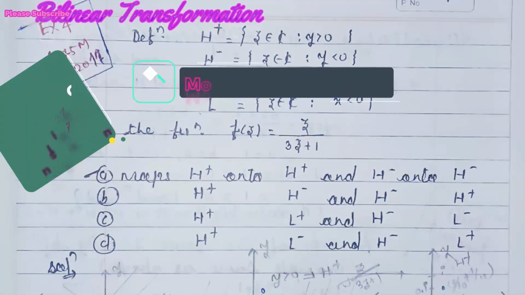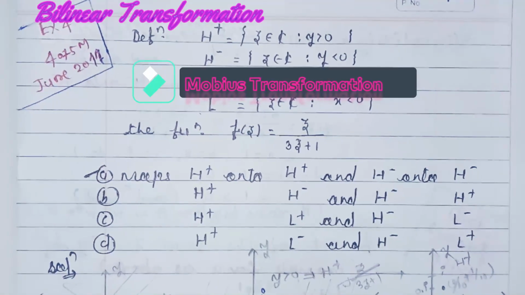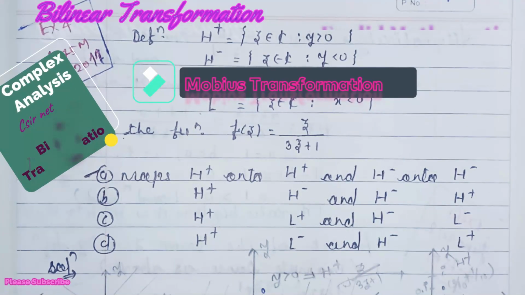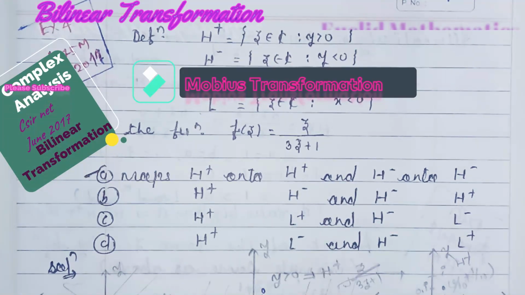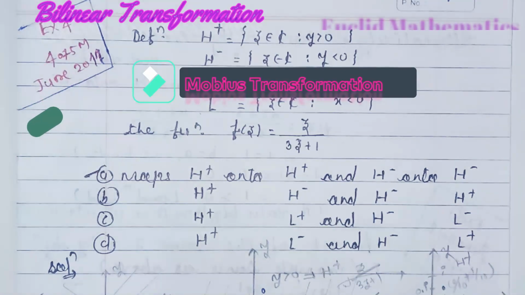Today I am here with one of the magnificent topics from complex analysis, which is the Mobius transformation, which has a lot more weightage in CSIR-NET, SET, GATE and multiple other competitive exams too. In today's video, I will explain the Mobius transformation, or as we generally call it, the linear transformation, or fractional transformation, that is, the bilinear transformation.